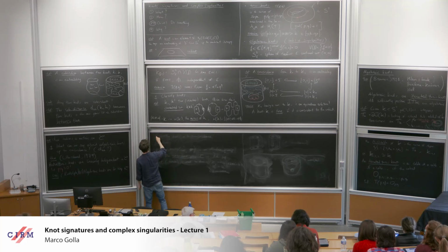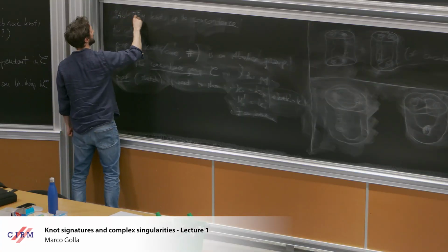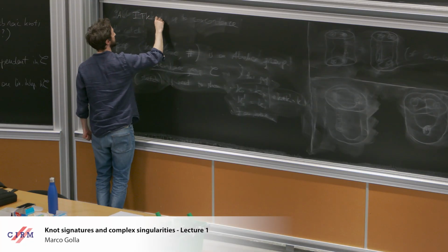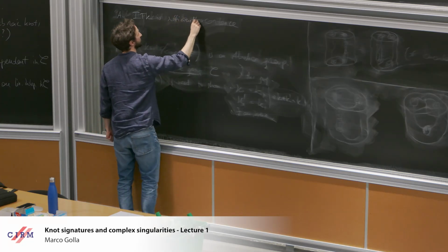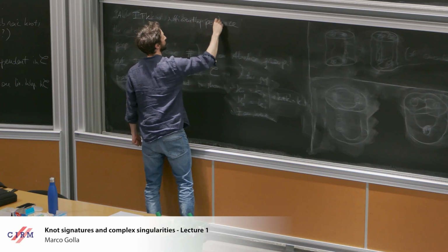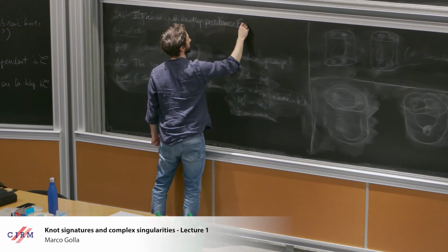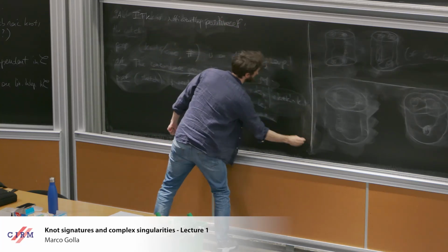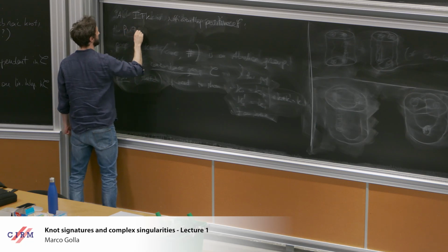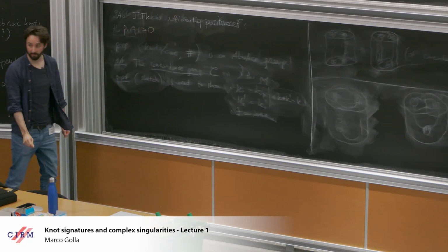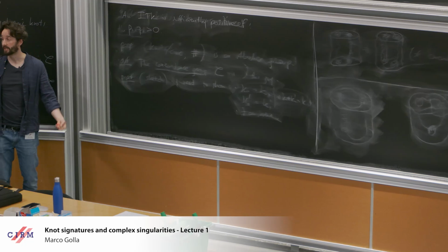So an iterated torus knot is sufficiently positive if P1, Q1 are both positive. This covers the case of torus knots.